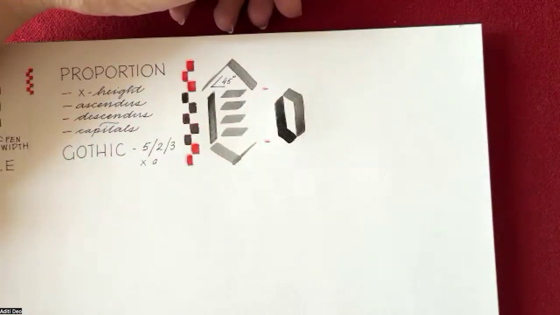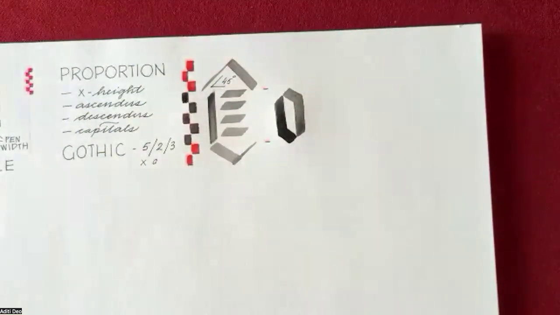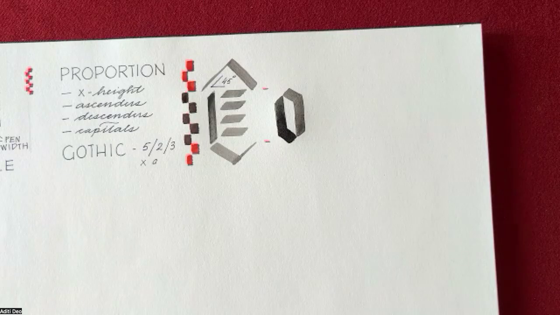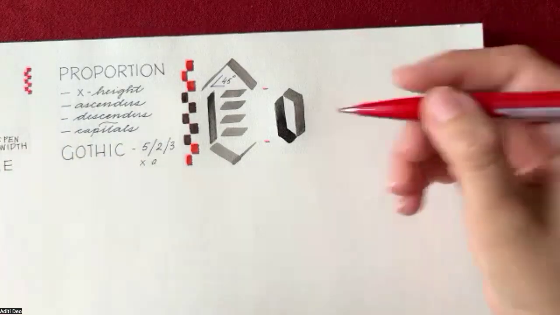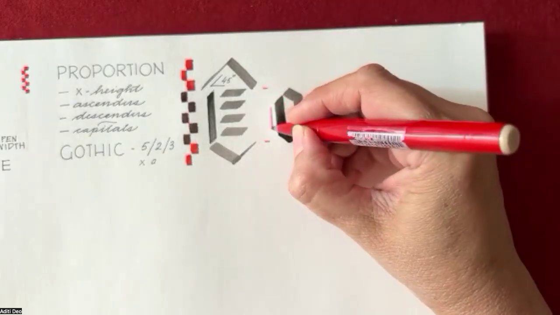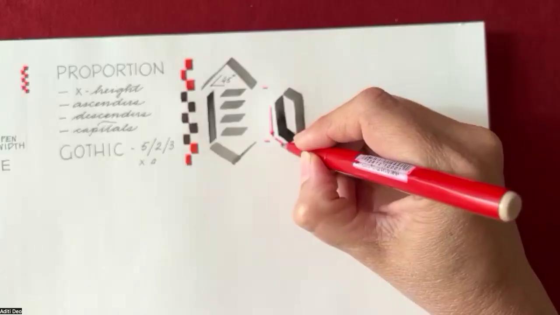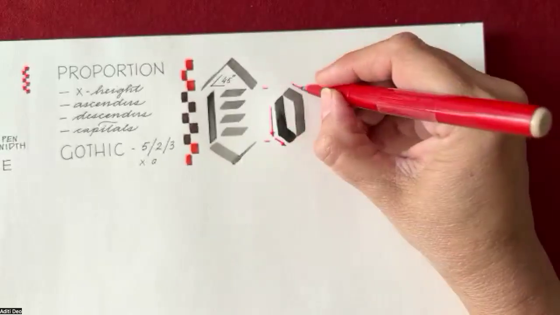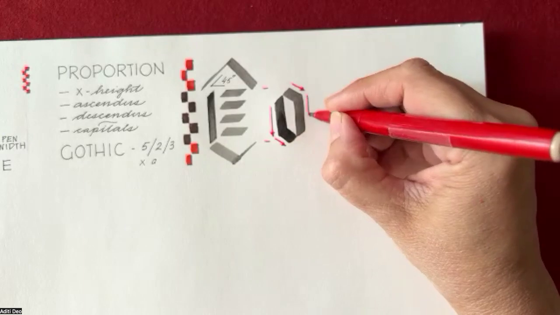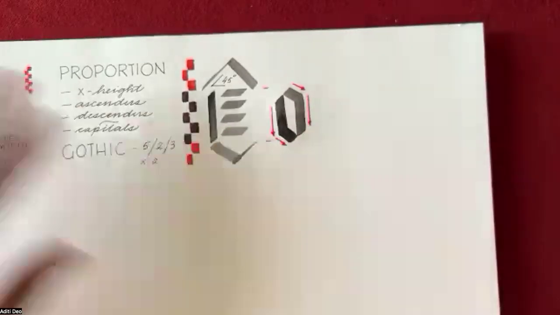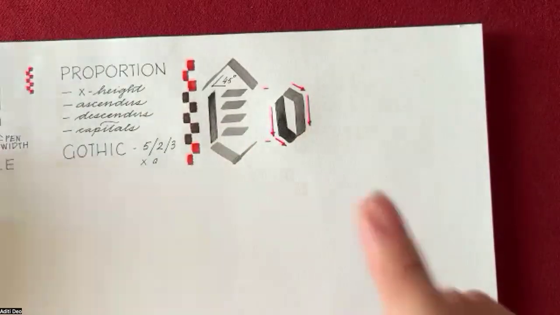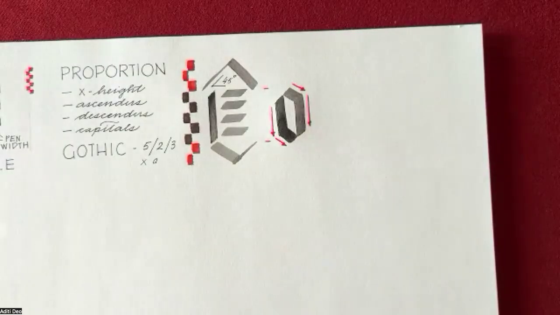Now, all of these will have something called a ductus. A ductus is when I give you a sequence to make the strokes and a direction. So in the beginning, look for a ductus which will have arrows as well as numbers.